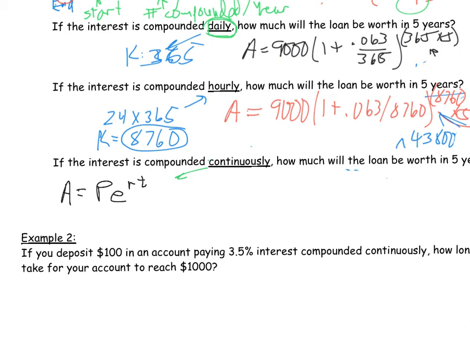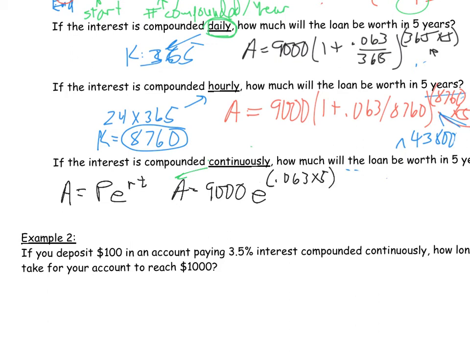Now, it looks complicated, but it really isn't. You just got to find the E button on your calculator. And if you see the LN button, it's below the log key. If you hit second and then LN, that'll give you E to whatever power. Well, if we plug everything in we know here, it's going to be this, 9,000 E to the R times T. Well, it's 5 years and our rate is 0.063 times 5.